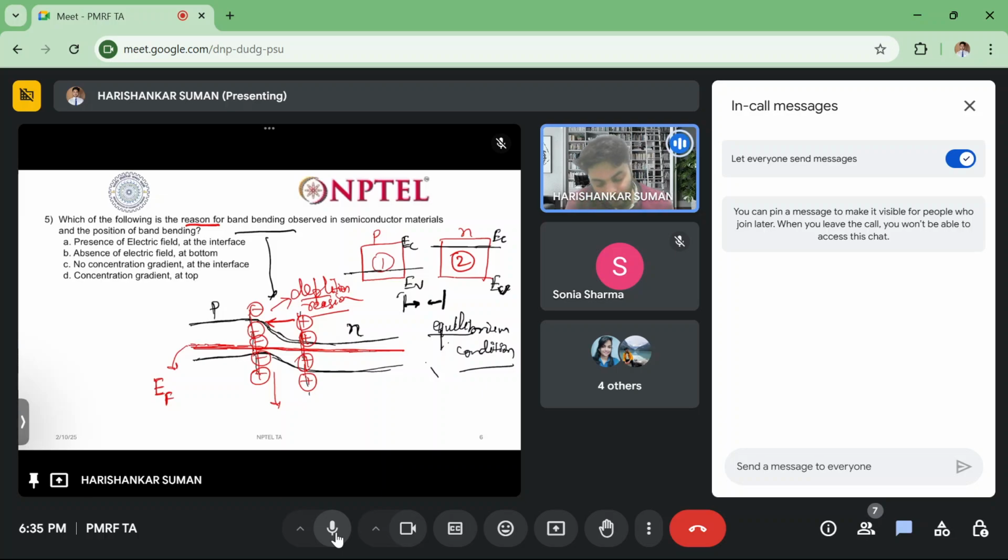So clear? The answer will be the presence of the electric field and position at the interface. Any doubt?